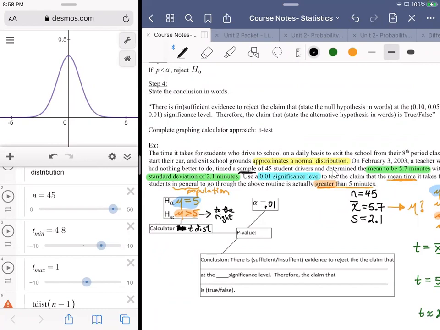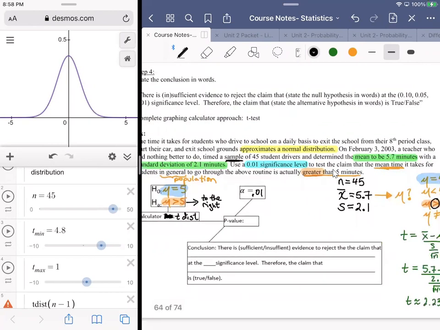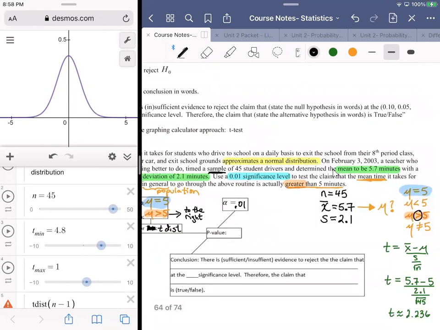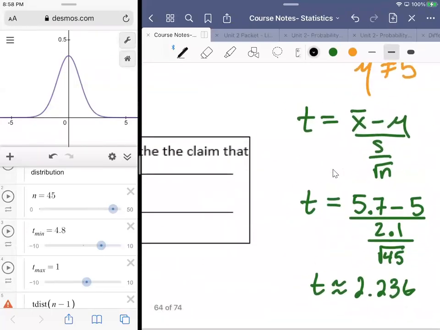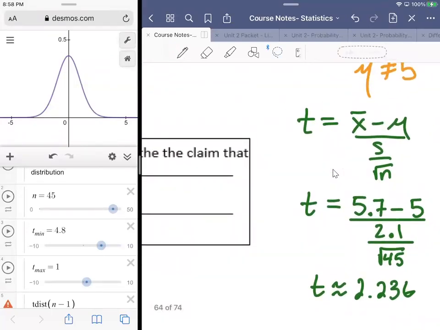So I'm looking for the probability that the T value is more than 2.236.